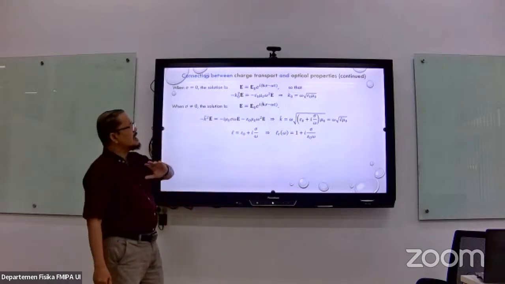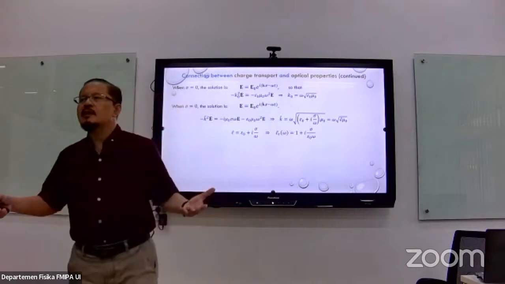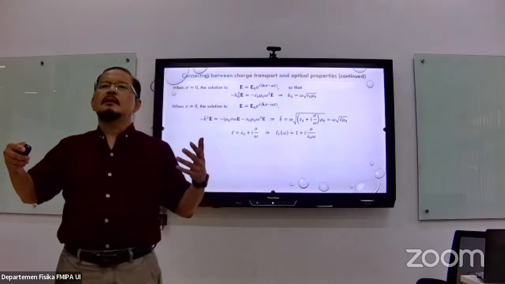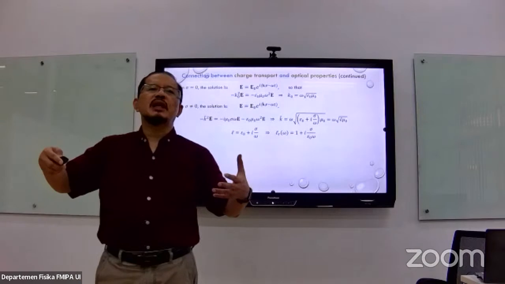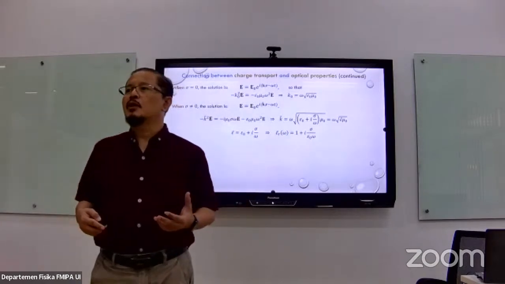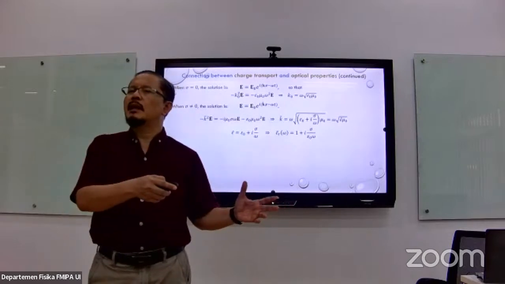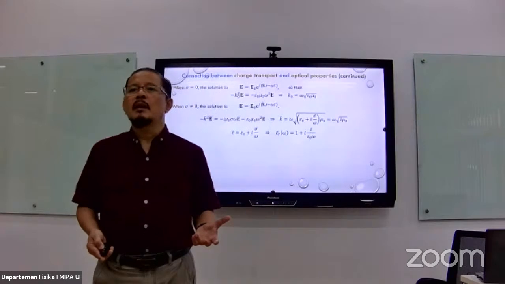Okay, initially I didn't say that sigma is complex, right? I always say that I'm considering that my material has conductivity, but I didn't say that my conductivity is complex. So let's say that I was assuming that my conductivity is a real number.